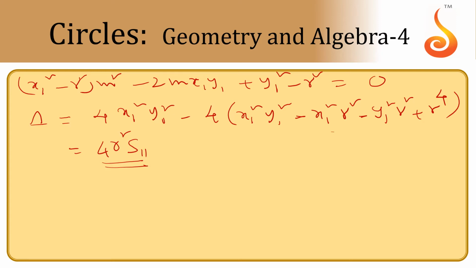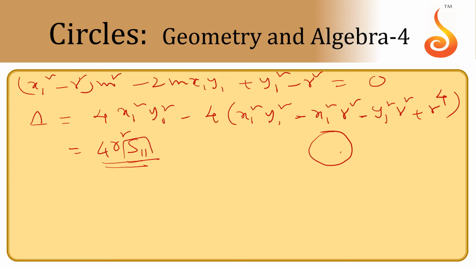Now what we got? I said if the tangents are passing through x1, y1, I got a quadratic in m. That m will have roots real and distinct, or real and equal, or imaginary. That depends on the position of the point. So if the point lies inside, delta should be less than 0.